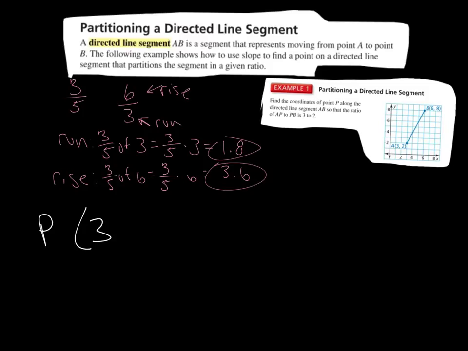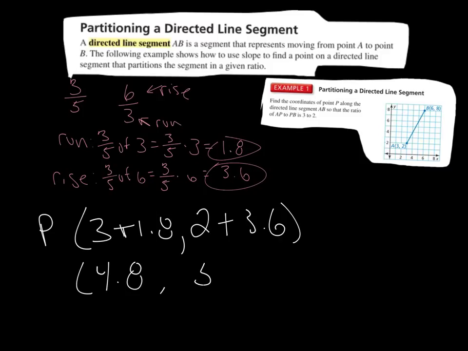And we're going to add 1.8 to it. So our X value will be 4.8. And then our Y value, we'll take the 2 from this point over here, and we're going to go ahead and add, you got it, the 3.6 to that. So our value of P will be 4.8 and 5.6.